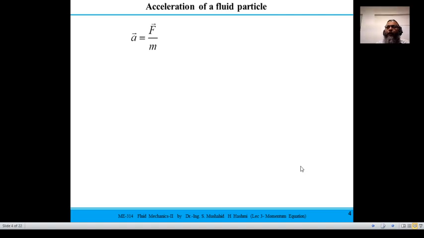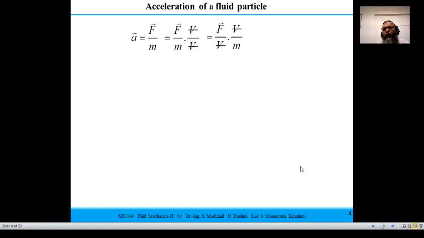We can write acceleration using Newton's second law of motion by bringing mass into the denominator. So force per unit mass would be the acceleration. Here F is the net force acting onto the mass, and a is its resulting acceleration. In fluid mechanics, since we are dealing with fluid, and fluid has an important property, density, I multiply and divide by the volume.